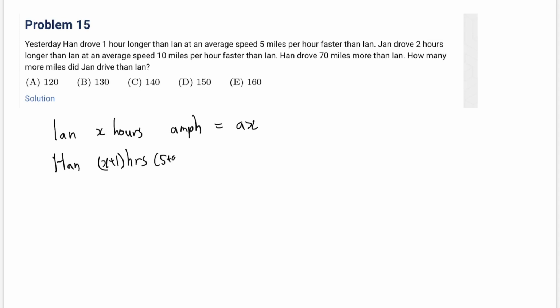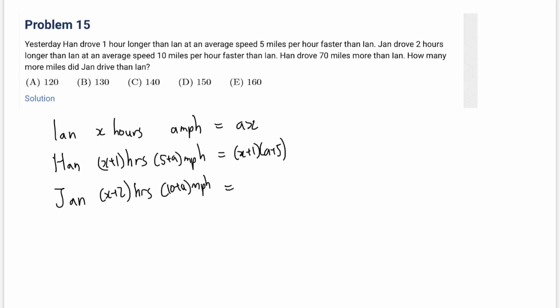So 5 plus A miles per hour. This would be (X plus 1) times (A plus 5). And then Jan would have driven 2 hours longer than Ian, so X plus 2 hours, and 10 miles per hour faster than Ian, so 10 plus A miles per hour. This is (X plus 2) times (A plus 10), right?